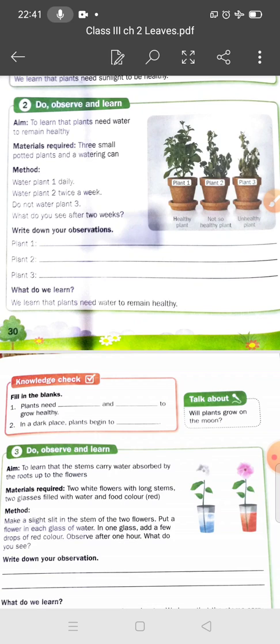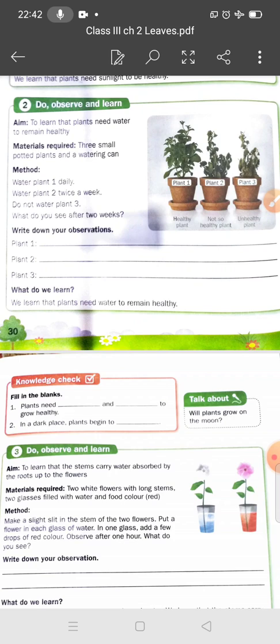Plant 2, you water twice a week. And plant 3, you do not water. So what will you observe? When you water plant 1 daily, this plant will be healthy.